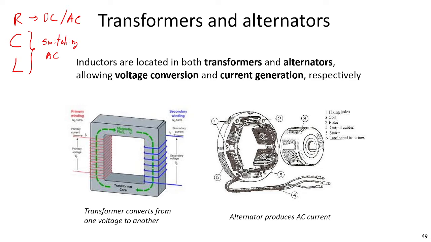Another equipment in the electrical engineering field is the transformer and alternator. The inductors are located in both the transformer and alternator, allowing voltage conversion and current generation. The transformer converts the voltage to another level.